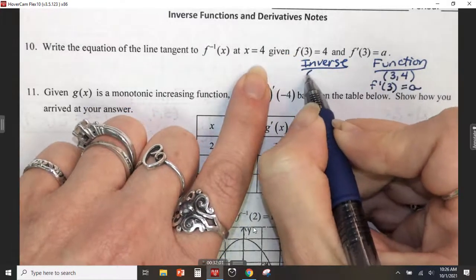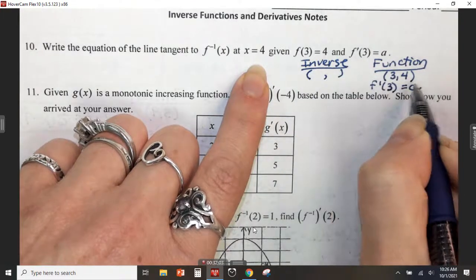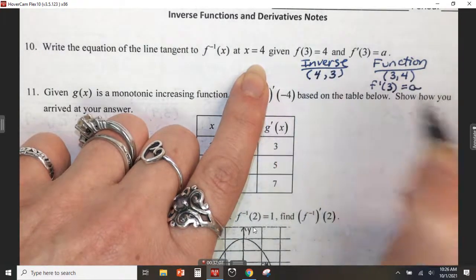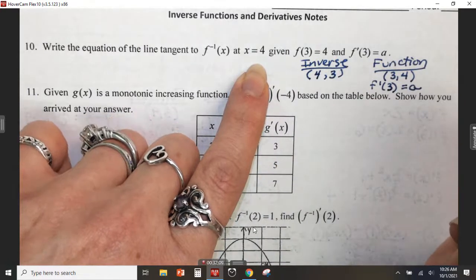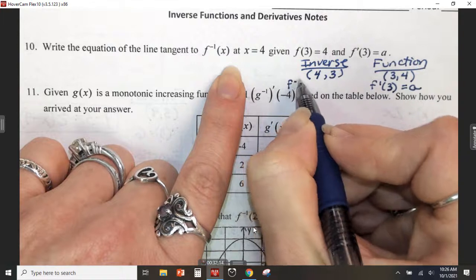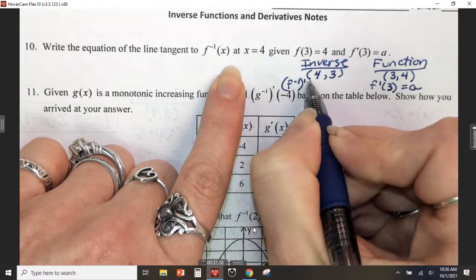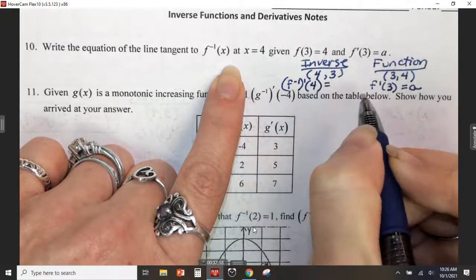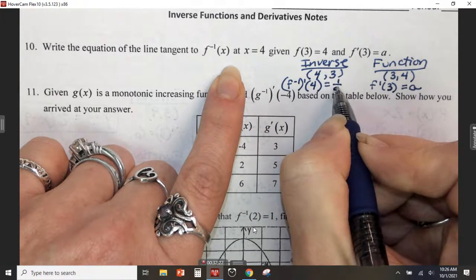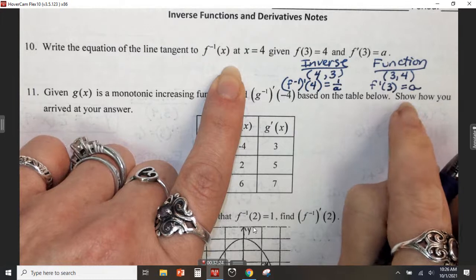So on the inverse, I switch the x and the y for the point, so I'll have 4, then 3. And then I need to know what f inverse prime of 4 equals. 1 over a. Very good. The reciprocal of the derivative of the original function.